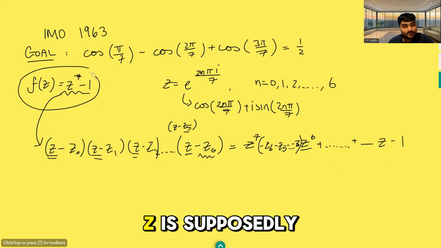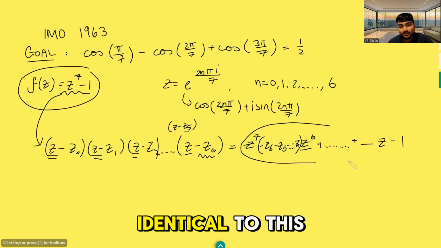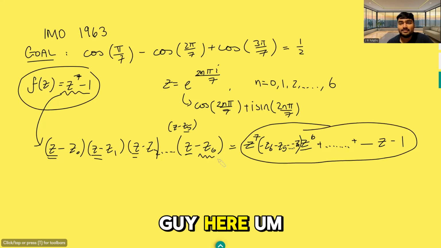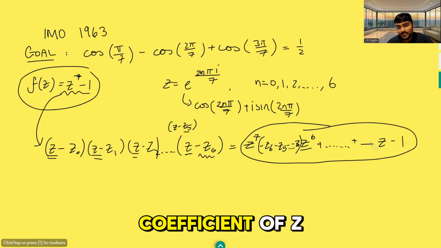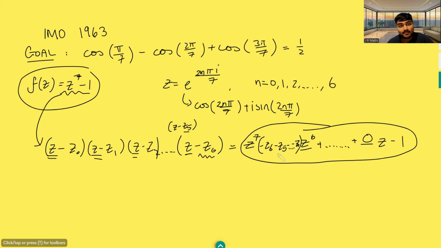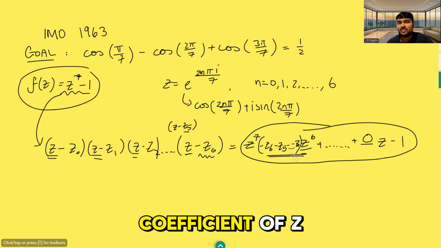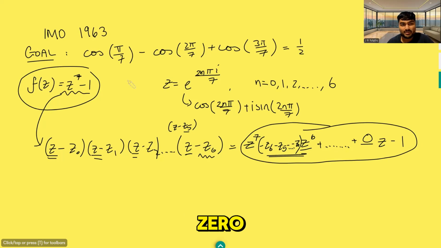So f of z is identical to this expression here. The coefficient of z would be 0 because there's no z term up here. Similarly, the coefficient of z to the 6 would also be 0 because there's no z to the 6 term up here.